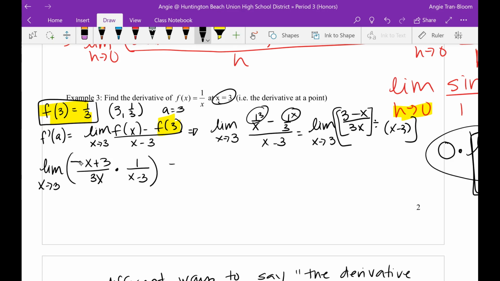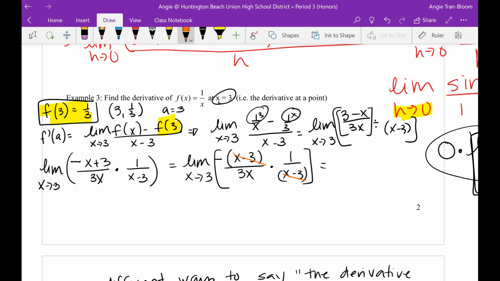From here, I will factor out the negative, so now it's negative times x minus 3 over 3x times 1 over x minus 3. This will help me reduce this right here. So I now have negative 1 over 3x. So the limit as x approaches 3 of negative 1 over 3x.